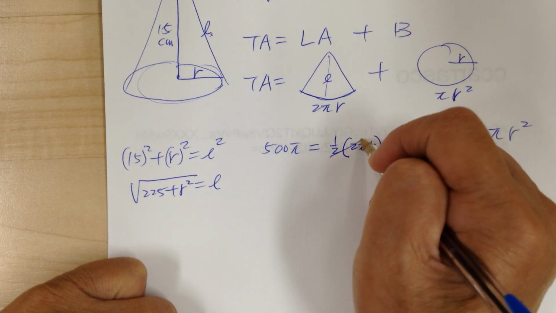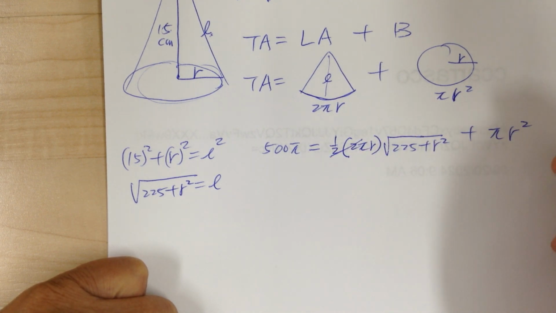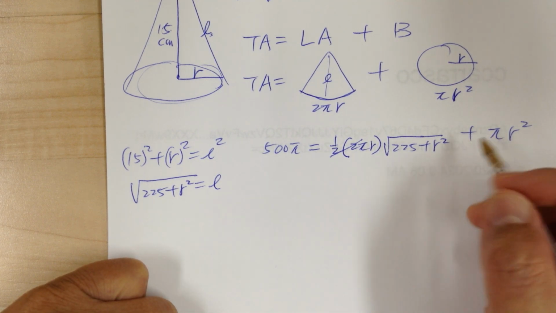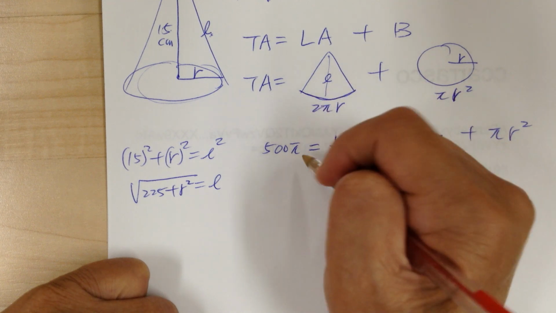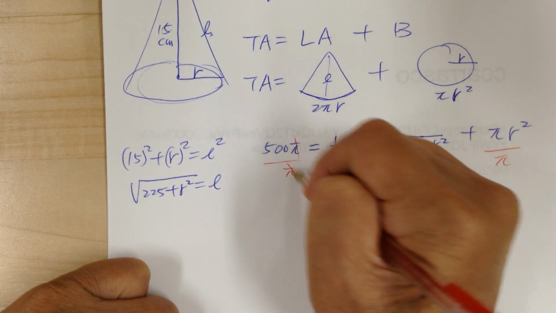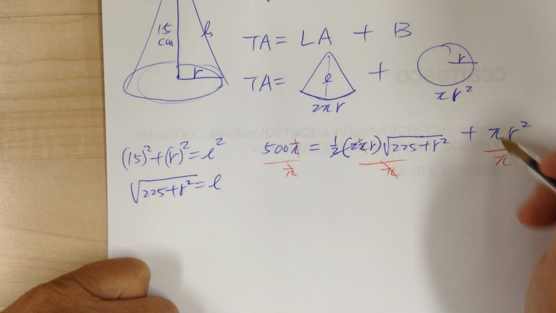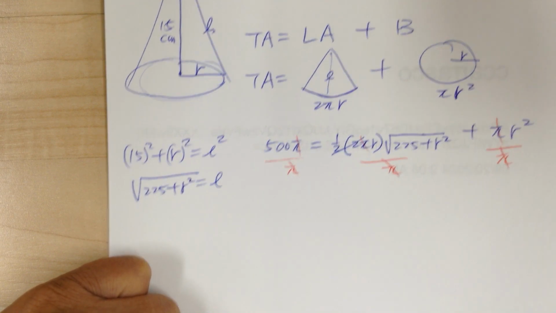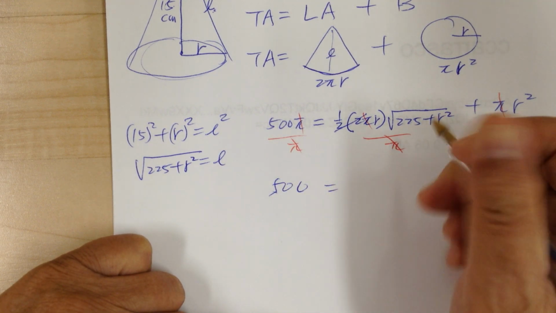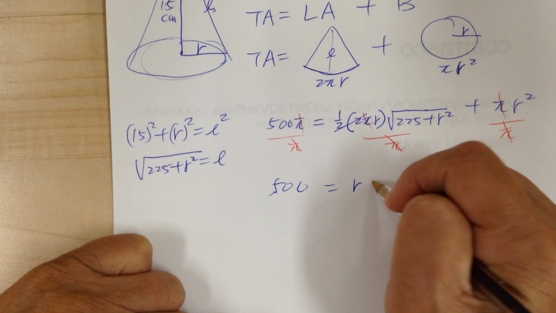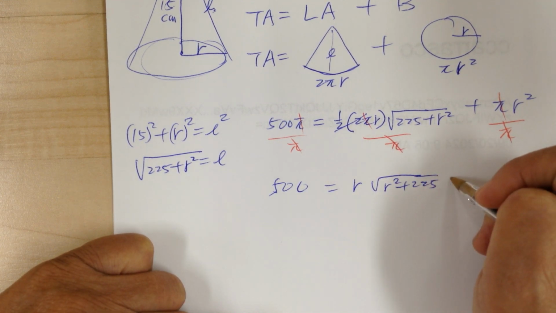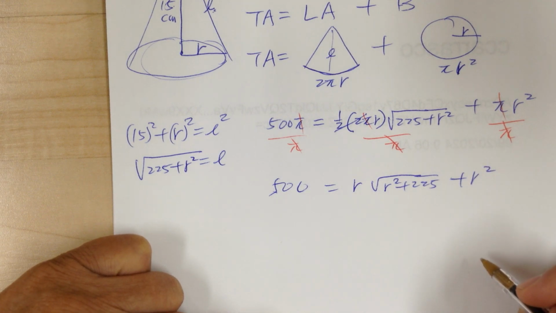So this cancels out, and what we're going to do is divide everything by pi to get rid of the pi. So this cancels out. You need to know how to do some of the canceling. So you get 500 equals r times the square root of r squared plus 225, with r squared in front.